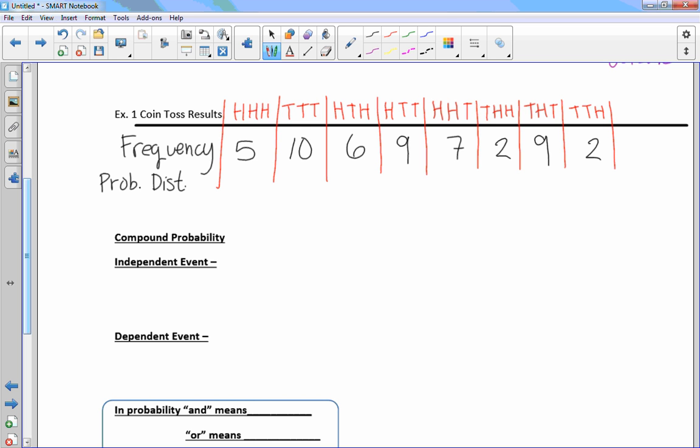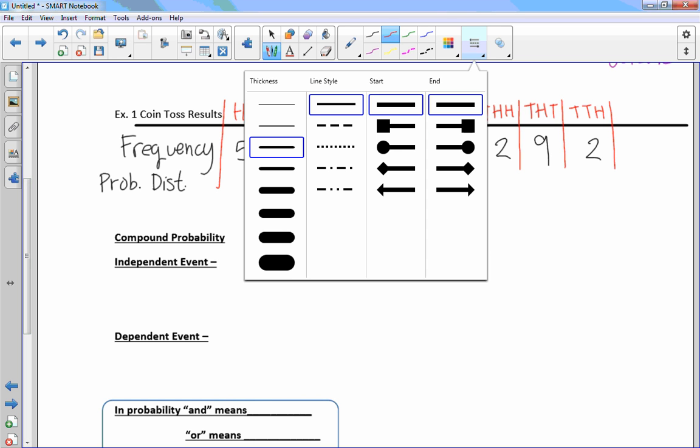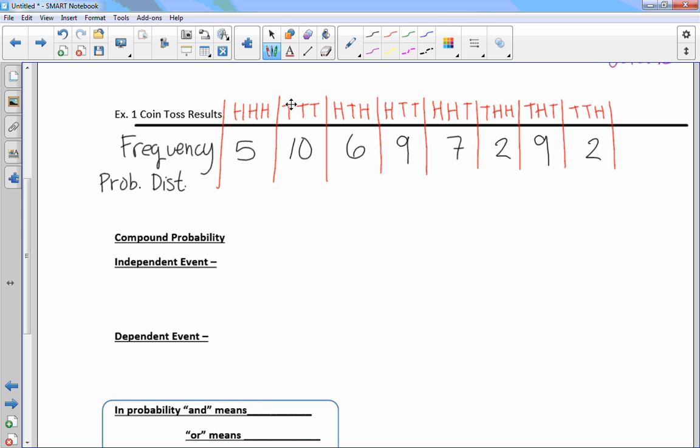Okay, so the probability distribution is how many times did we get heads, heads, heads out of that 50? 5 out of 50, which is 1/10 of the time, or 0.1. How many times do we get tails, tails, tails? 10 out of 50, or 1/5. Okay, and these are the probability distributions.